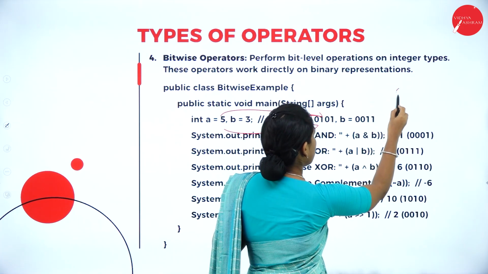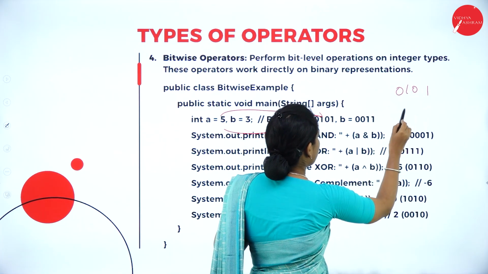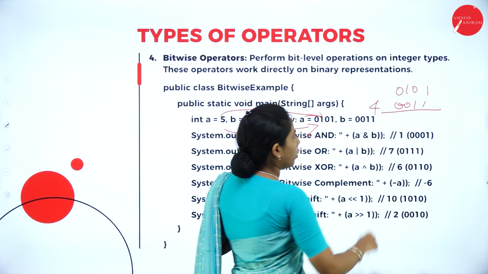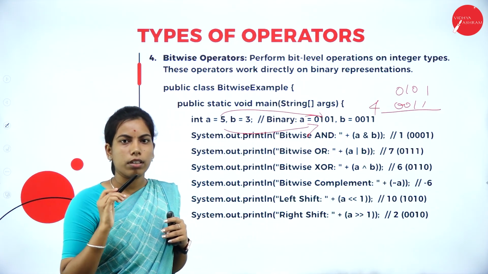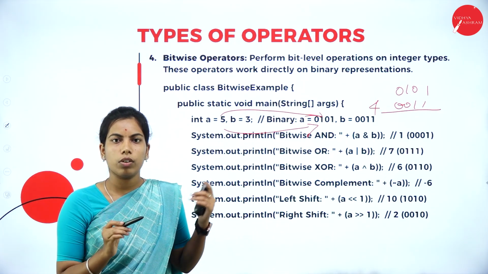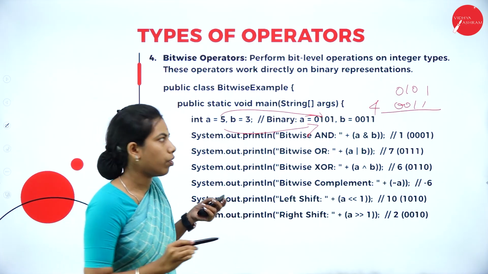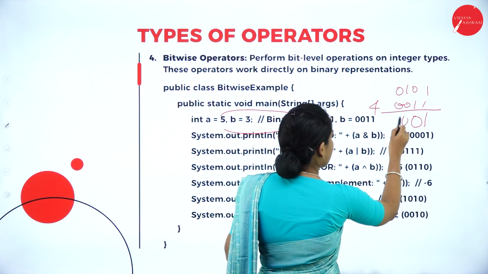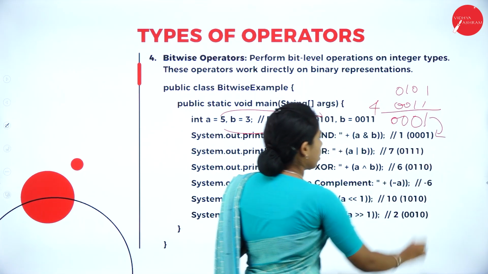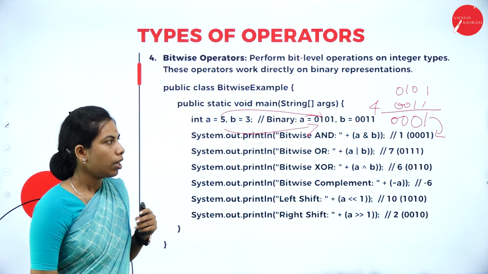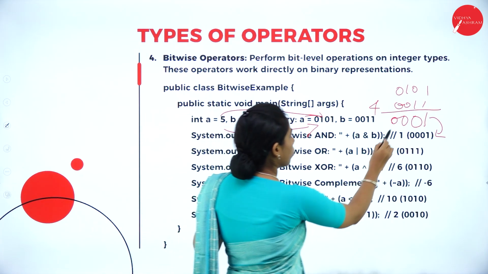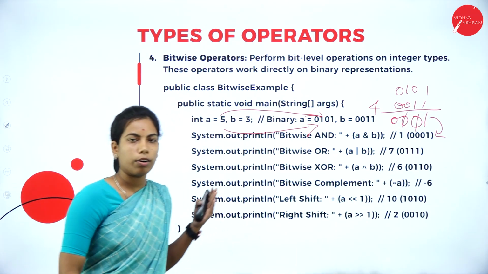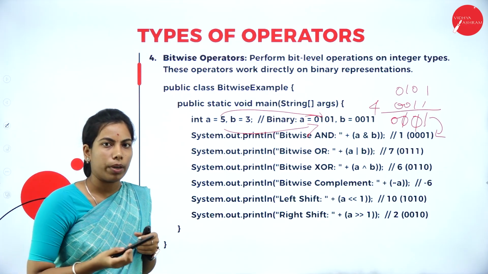For example 0101 and 0011, the AND operation will be taken. Whenever both the values are true, then only it results as true, otherwise it is false, right? So 1 and 1 is 1, 0 and 1 is 0, 0 and 0 is 0. This is how the result will be generated, right? Compared to OR again, this is 0, 1, 1. That's why 0111. This is how you have to do a bitwise operation.